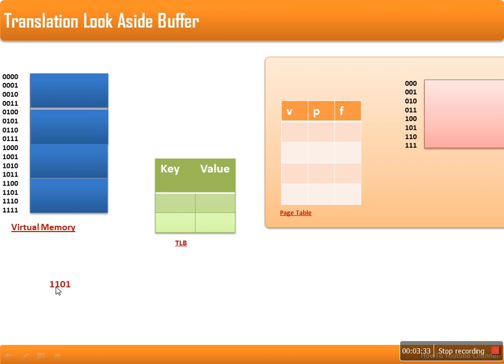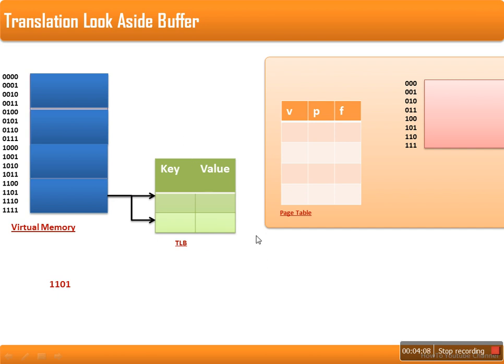This page number will be checked in this cache memory. Let's say there are 10 entries in this TLB. One property of this cache memory is that all entries will be checked at the same time. This is actually associative memory. For the address 1101, the page number is 3, because 11 is the binary of 3, so page number 3 will be searched in this cache memory.